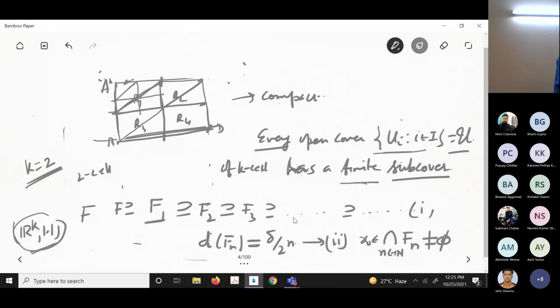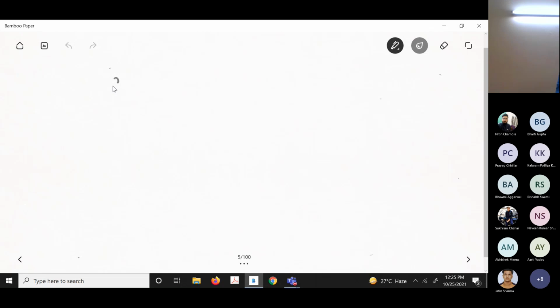That means x naught belongs to each of them. Particularly x naught belongs to F, because each of them is a subset of F. So x naught belongs to the intersection of Fn. Particularly x naught belongs to F.